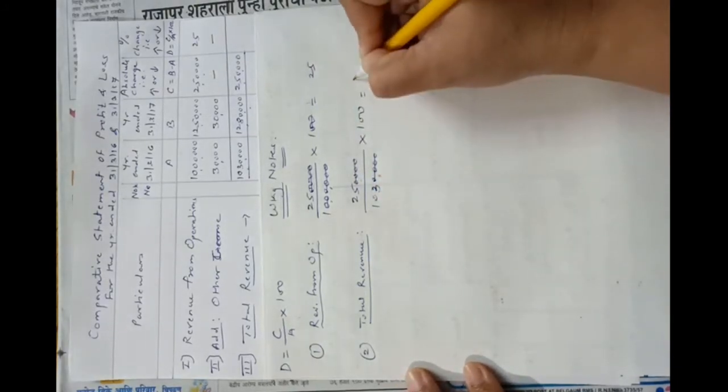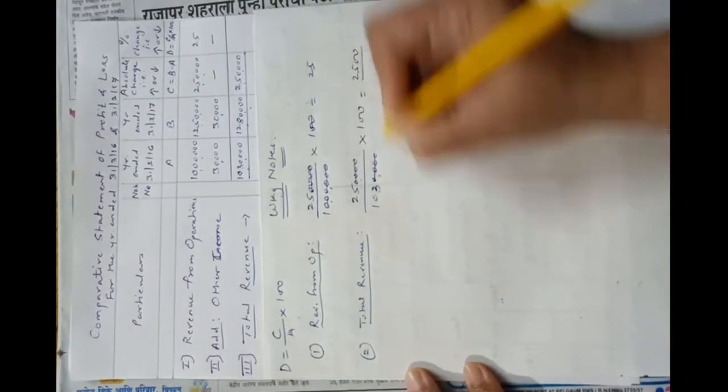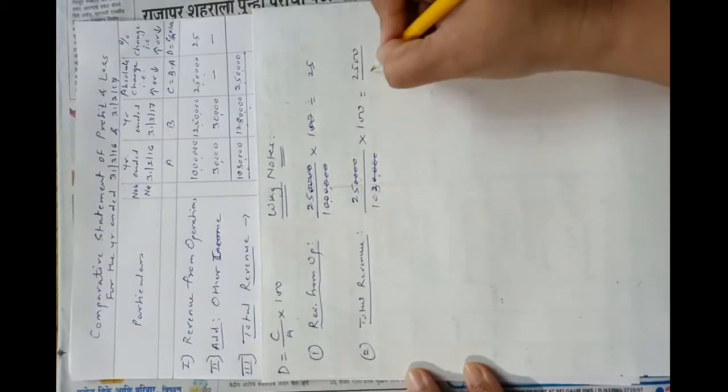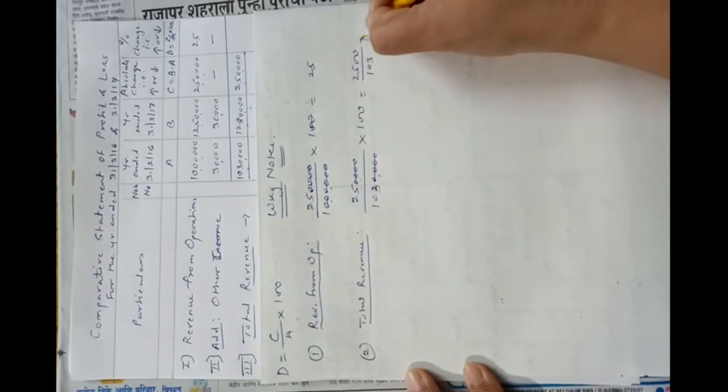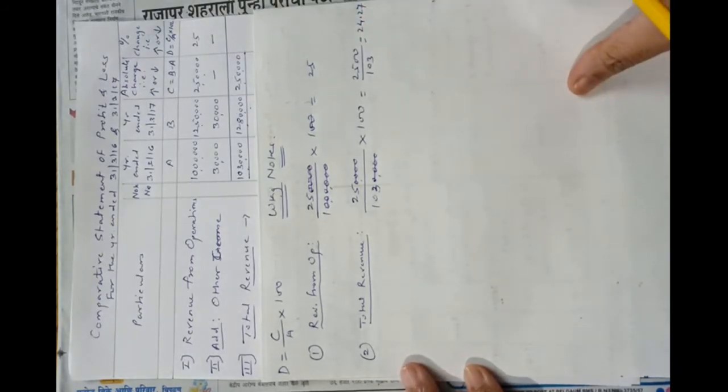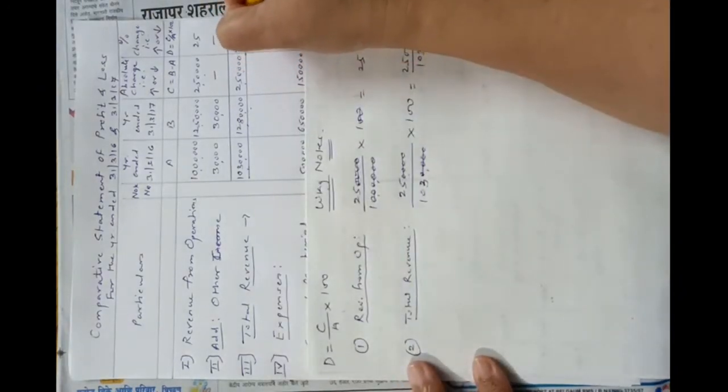So it will be 2,500, 25 into 100, 2,500 divided by 103. So the answer is 24.27. Okay, 24.27 here, 24.27.